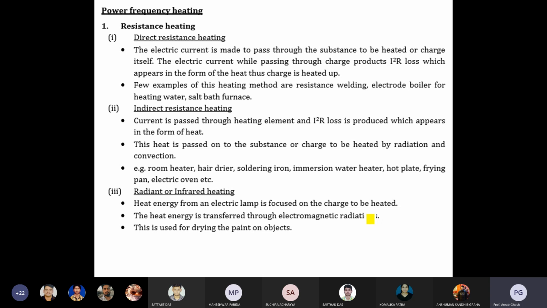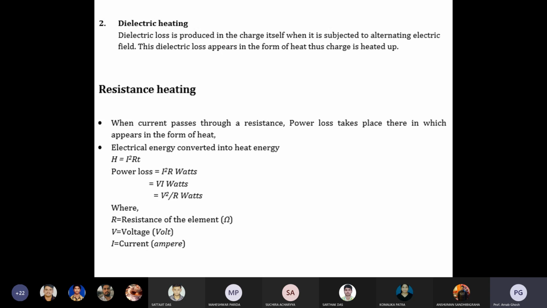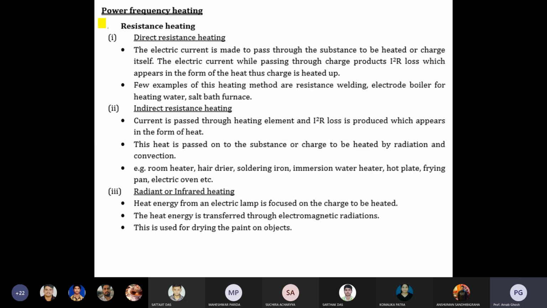What type of heating? That is resistance heating. Resistance heating is again categorized into three methods: direct resistance heating, indirect resistance heating, and radiant or infrared heating. For direct resistance heating, the electric current is made to pass through the substance to be heated, or the charge itself.